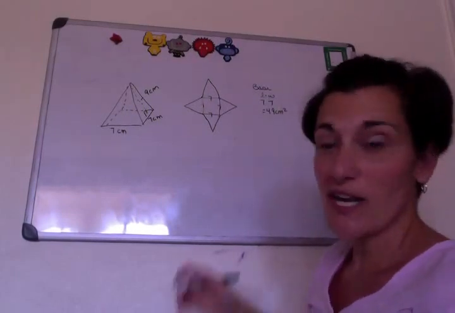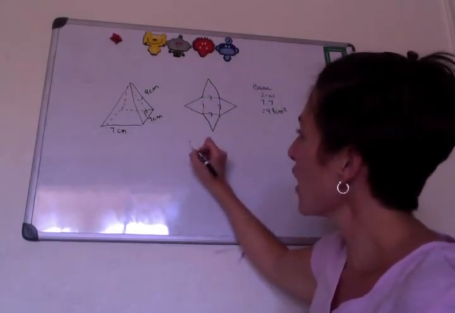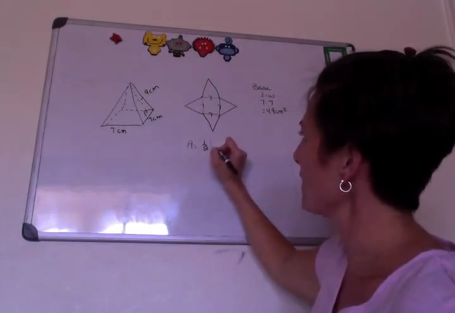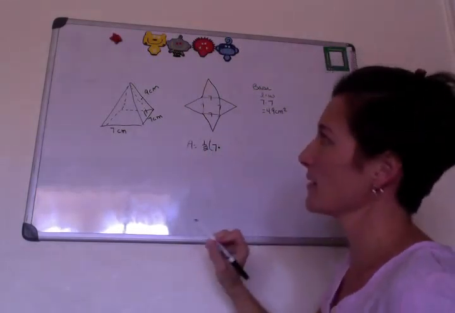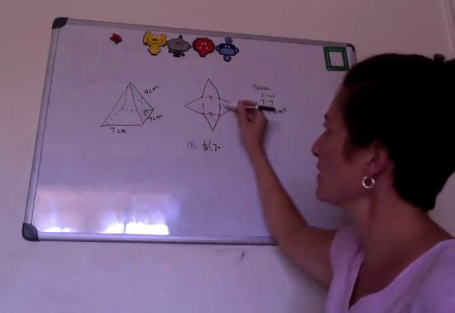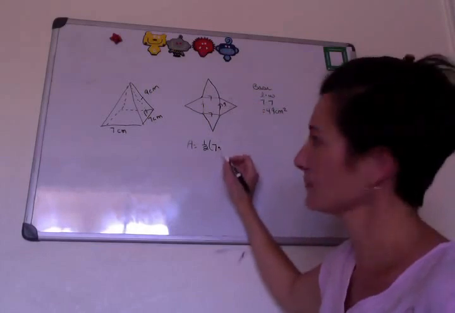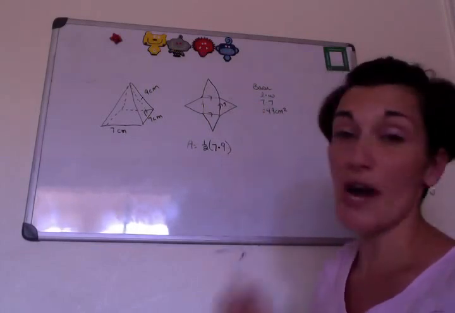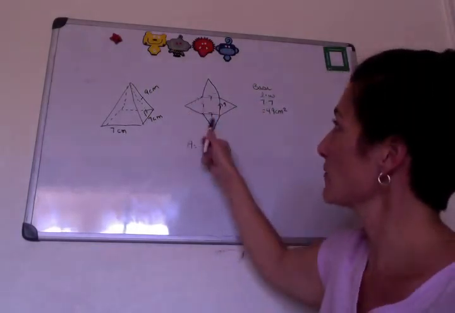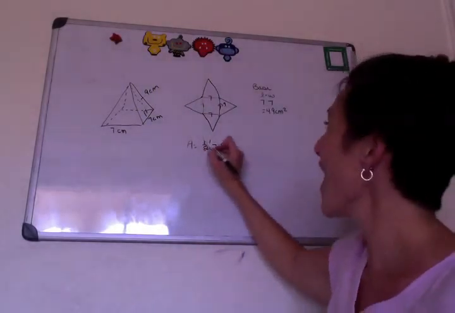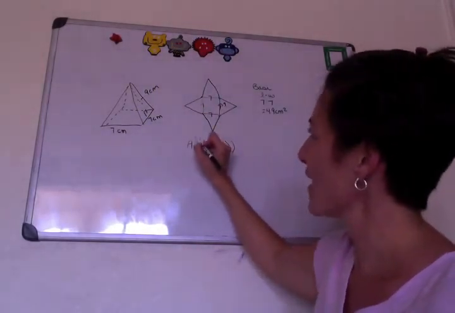Now I have my triangles, right? I know the base for all of my triangles is 1/2 times 7, and then the height they've given me, so here if I was to draw this here, it is 9. How many triangles do I have? 1, 2, 3, 4. So I'm going to multiply all of this by 4.